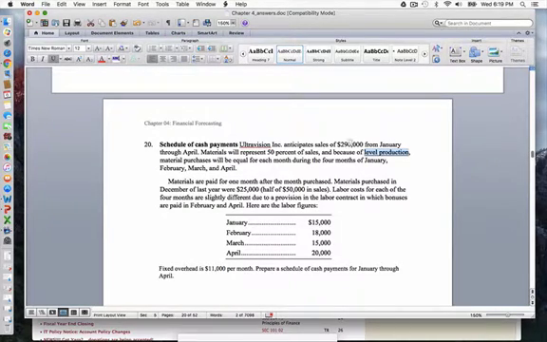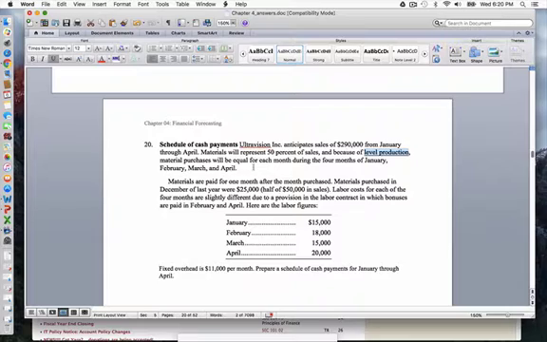So out of 290,000 for 4 months, how much will they produce per month? 290 divided by 4, which is 72,500. And then to consider materials, you do 50% of each month's sales.